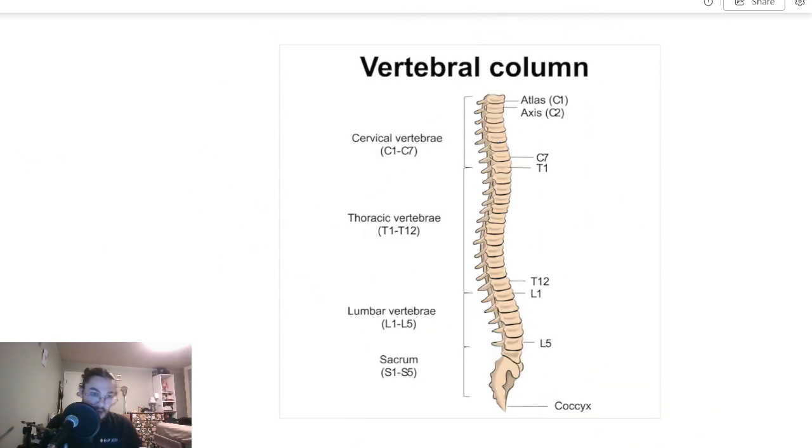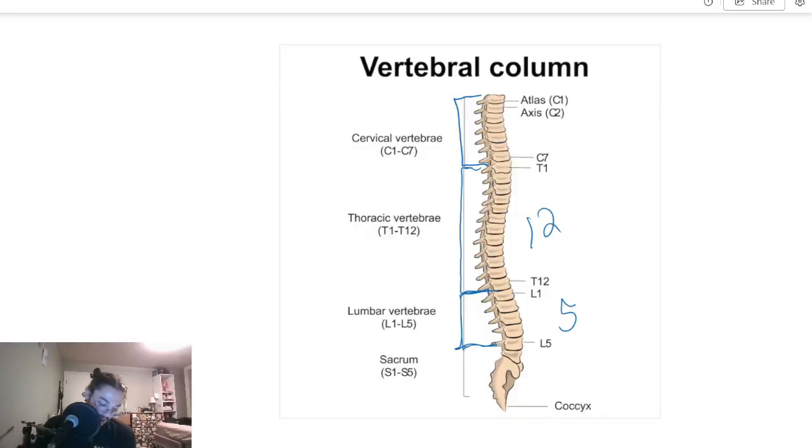Right here we have three sections we're going to split this into: our cervical spine, so the cervical vertebrae. Then we have the thoracic spine. There are 12 thoracic vertebrae. They look a little bit different. And then our lumbar spine. There are 5 of them.